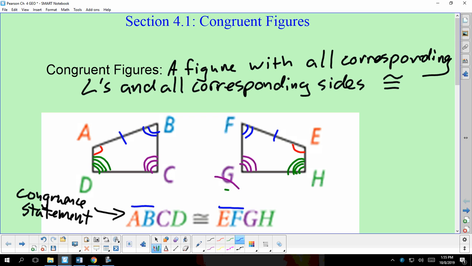Next, I'm going to go one letter over. Now side BC, I'm just going around clockwise here, is congruent to side FG. Notice these two shapes do not have the same orientation. They are, however, congruent. CD, congruent to GH.